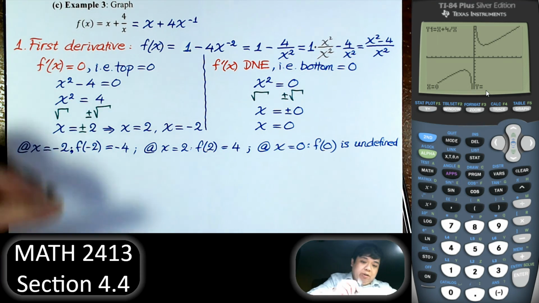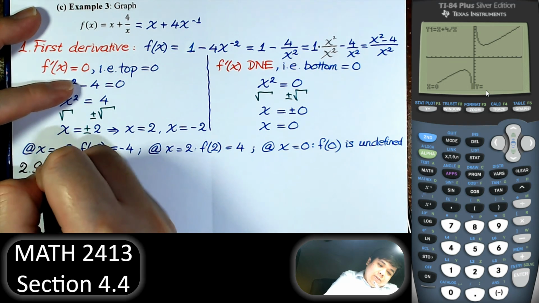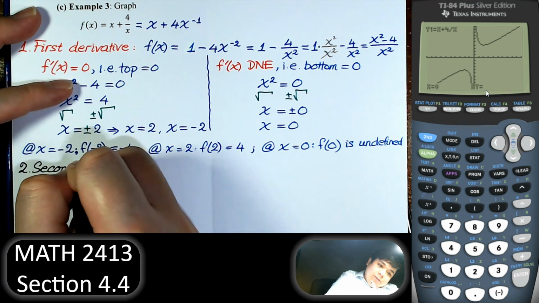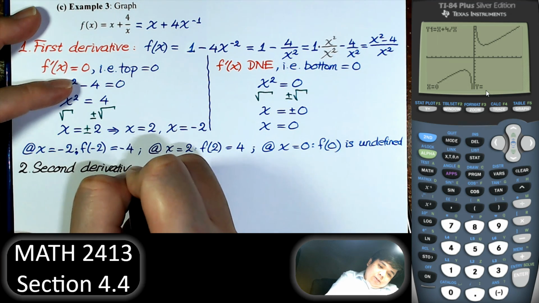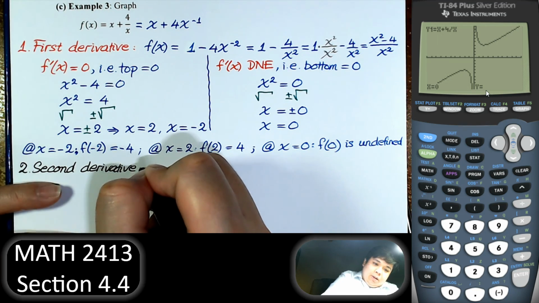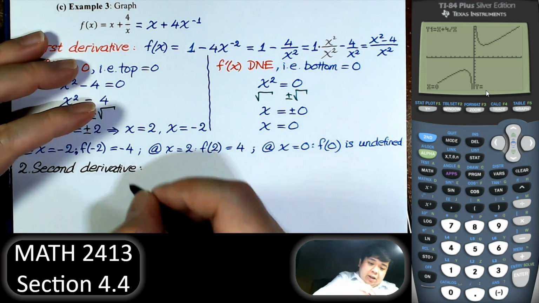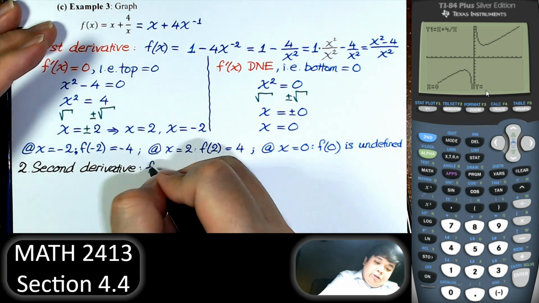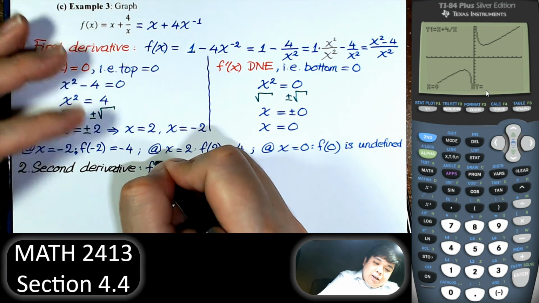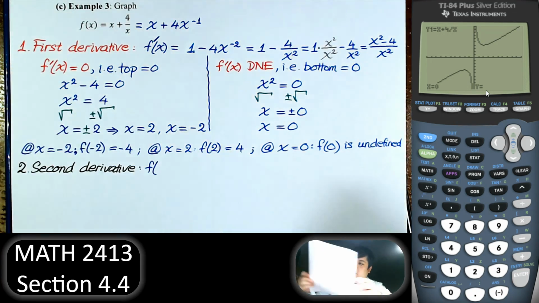Now, second derivative. Second derivative is the derivative of the derivative. So we already took the first derivative. Sorry, this is the derivative.